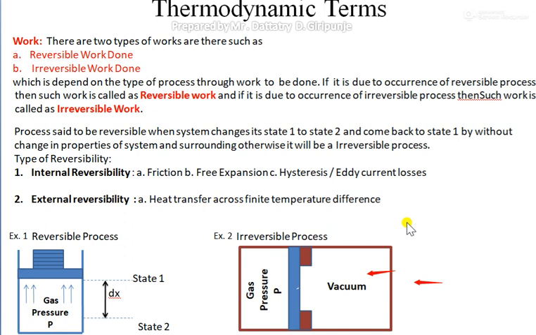Both the system and surroundings need to be at the initial state for a process to be completely reversible. So a system may be internally reversible but not externally reversible, or externally reversible but not internally reversible. If a system is both internally and externally reversible, then it is called a totally reversible system. But in the universe, no system is totally reversible.